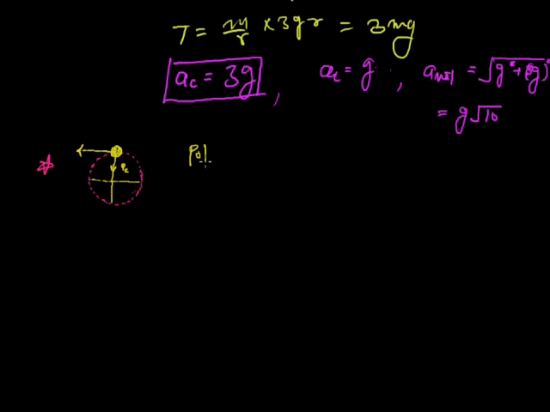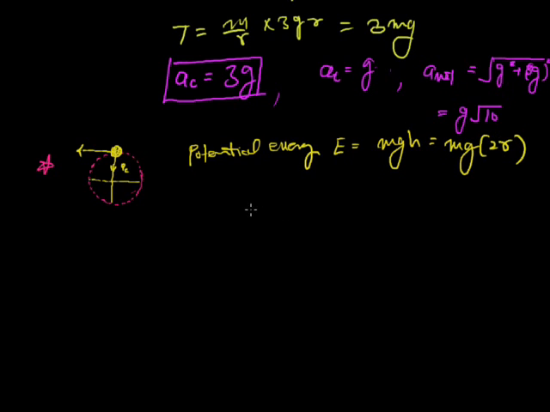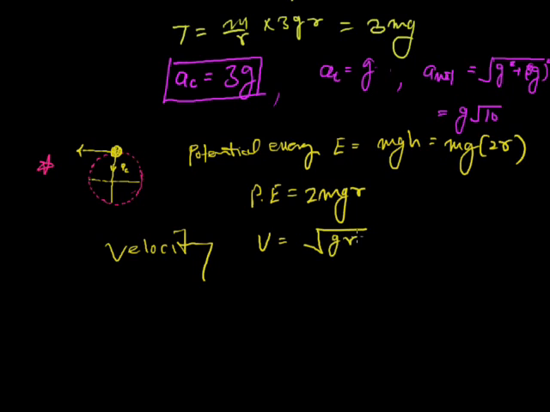The potential energy is mgh, that is mg into 2r, 2mgr. The velocity v is root gr only. Tension in string at highest point is 0.